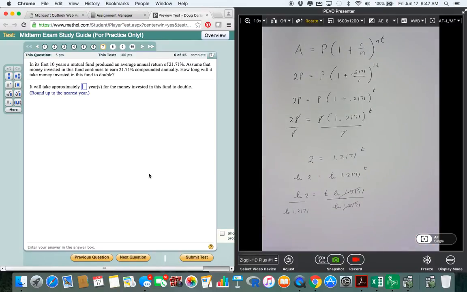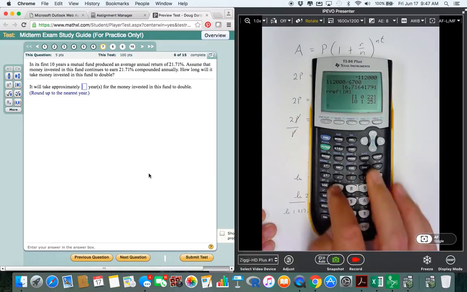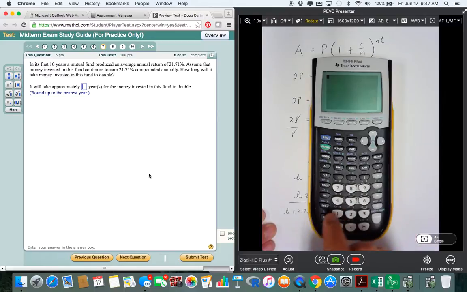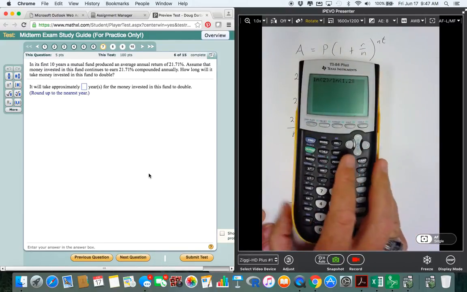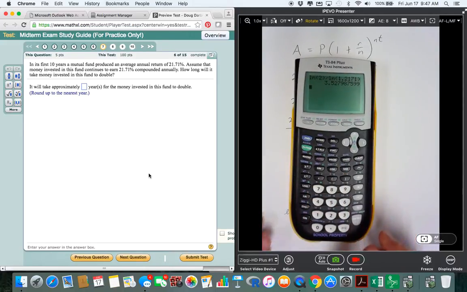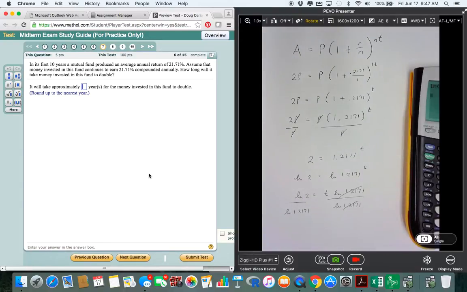So t is going to be the natural log of 2 divided by the natural log of 1.2171. So round up to the nearest year. So we have about 3.5 years, so round up to the nearest year, so that would be 4 years.